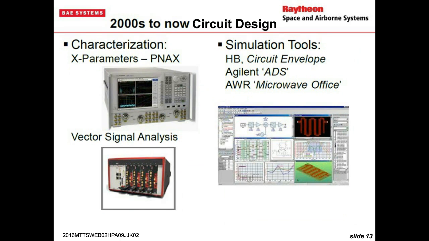In the 2000s to now, you got another advancement with the X parameters on the PNA-X, vector signal analysis. The simulation tools took it another step with circuit envelope, and it's now Keysight, but all my view graphs have the historical name of the company when these things were developed in them, rather than going through and updating them.